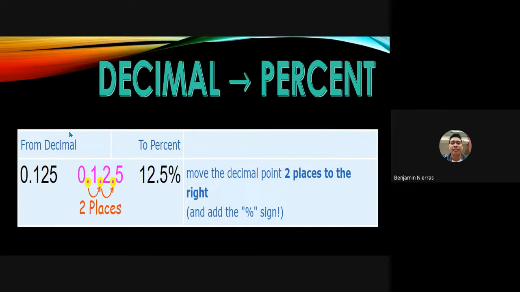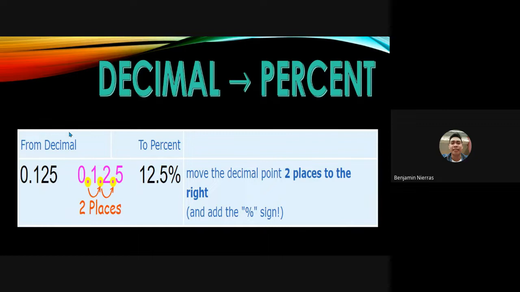Affixing the percent sign, our answer is 12.5%. Sir, why do we need to multiply it by 100? Because we want this given decimal number to turn into percent, so we have to multiply it by 100.